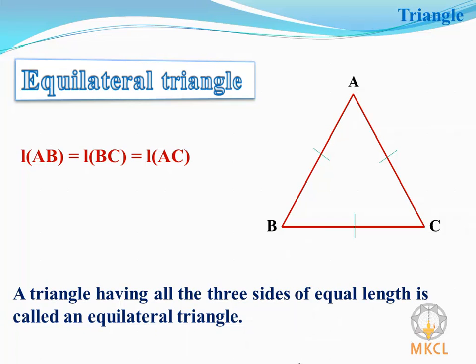All sides are of equal length. The angles opposite to these sides are also of equal measure. So, the equilateral triangle is also called as equiangular triangle.